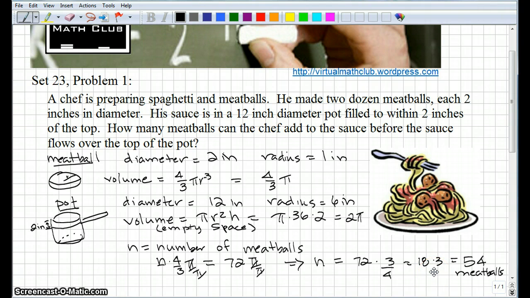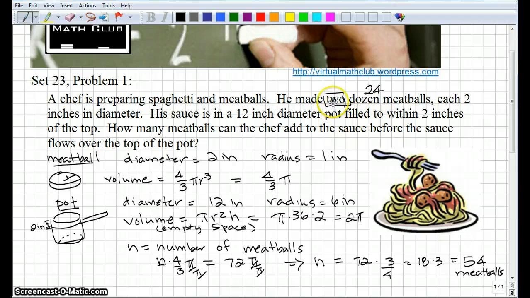Now, the only problem is, I think when I wrote this problem, I meant to use some other number other than 2. I said there's only 2 dozen meatballs, so technically we only have 24 meatballs. If I had said 6 dozen meatballs, then we could add 54 of them, which I think is what I had meant to do.